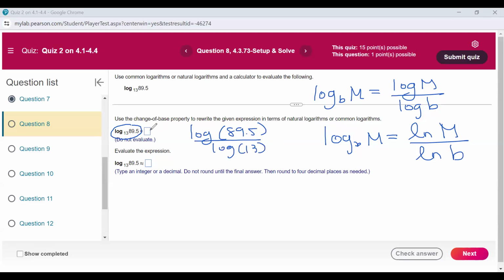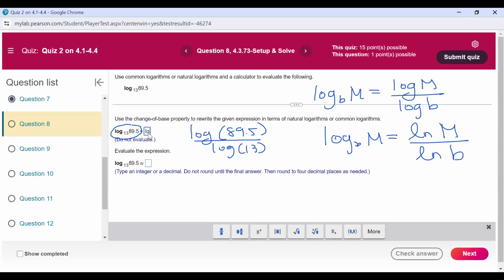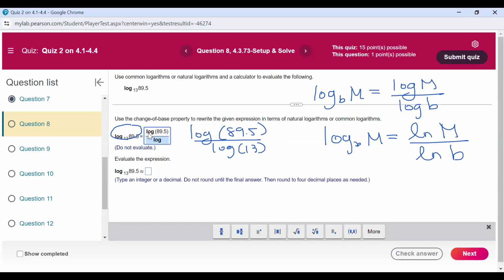And so it says you're not to evaluate here. So here we're just typing in log of 89.5, and this whole thing is divided by log of 13. And now we're going to evaluate the expression using 4 decimal places.